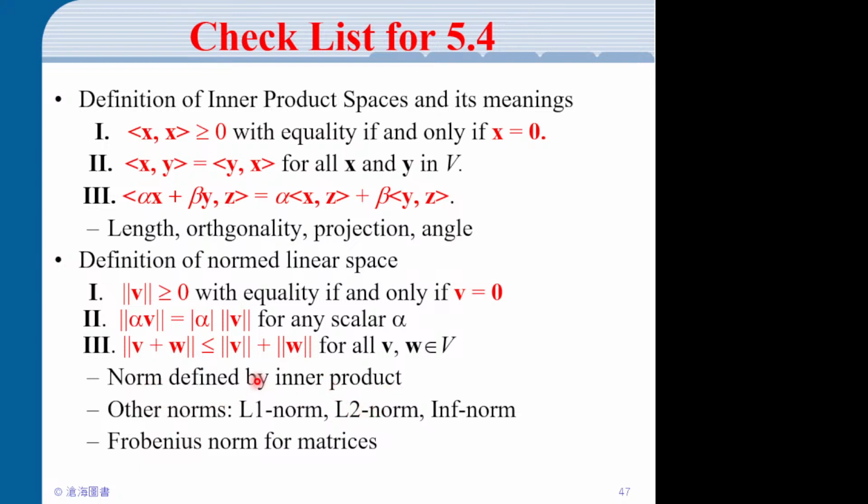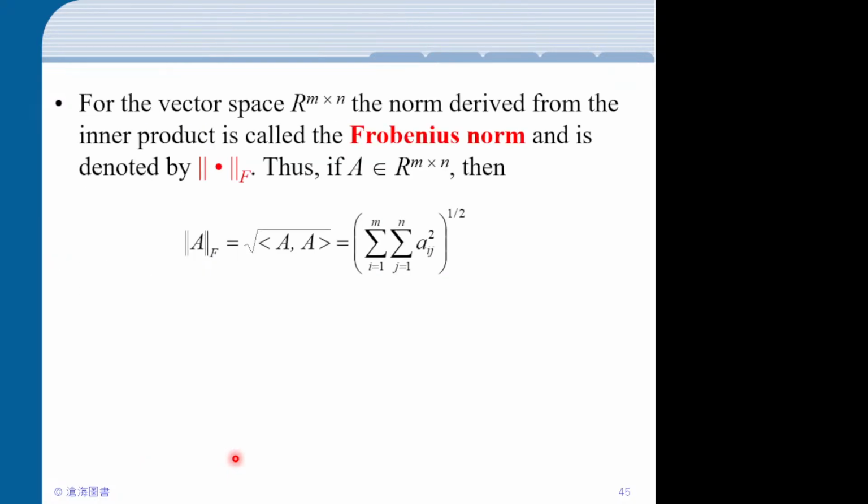Then we checked that the norm derived from the inner product is actually a norm, but there are other norms like the L1 norm, L2 norm, and infinity norm on Rn. And then there is the Frobenius norm for matrices. The Frobenius norm for matrices is easy to define, but it's mostly about the name you need to remember. Okay. And yeah. So any questions?